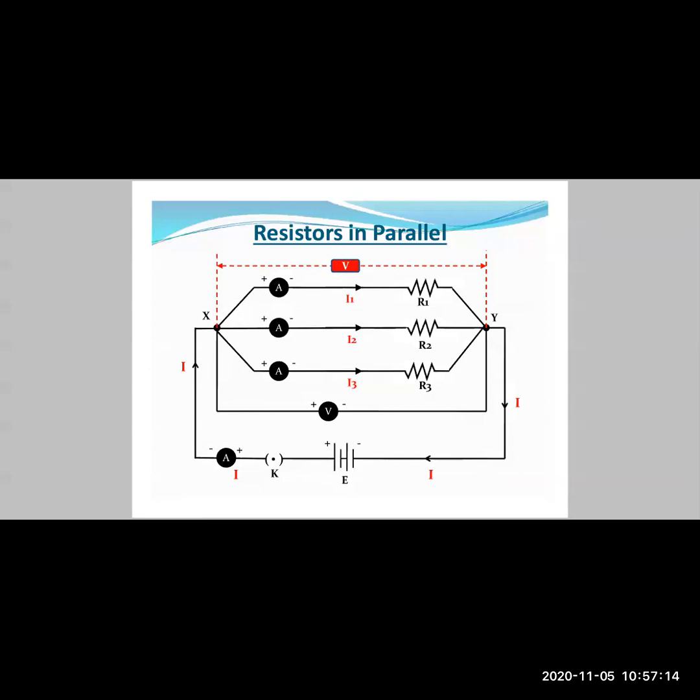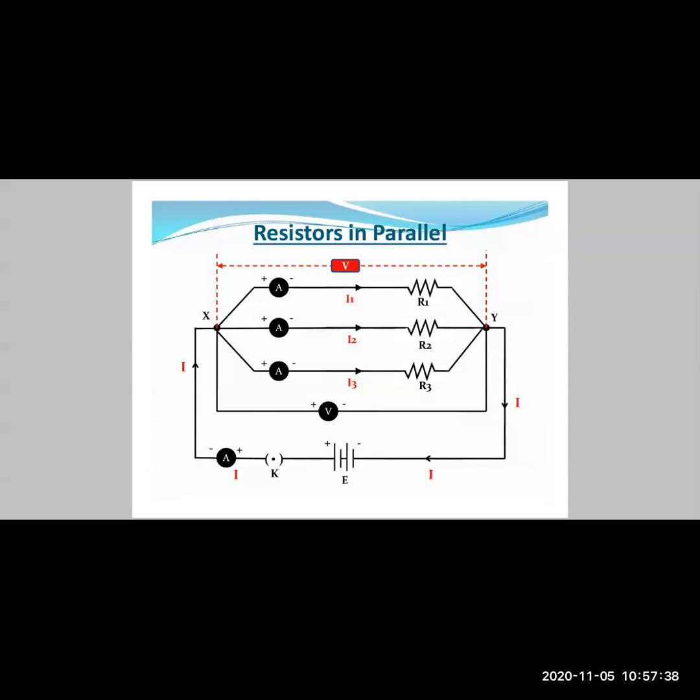The current flowing through resistor R1 is measured as I1, through resistor R2 as I2, and through resistor R3 as I3. Then the voltage across points X and Y is voltage V, which is measured by the voltmeter.